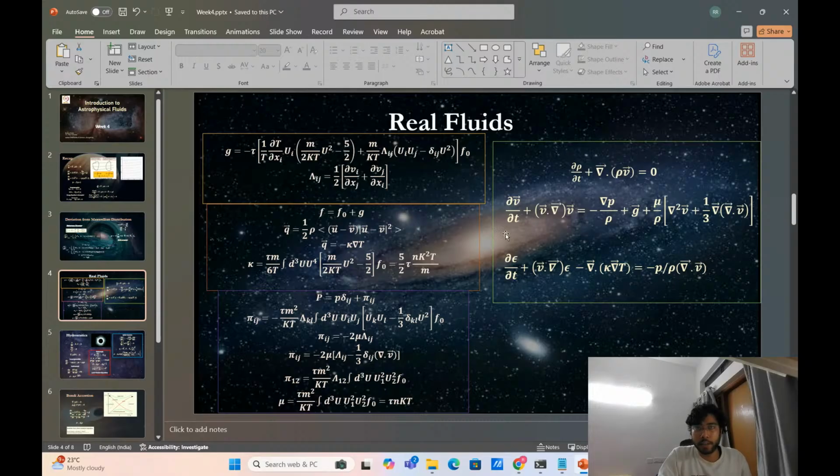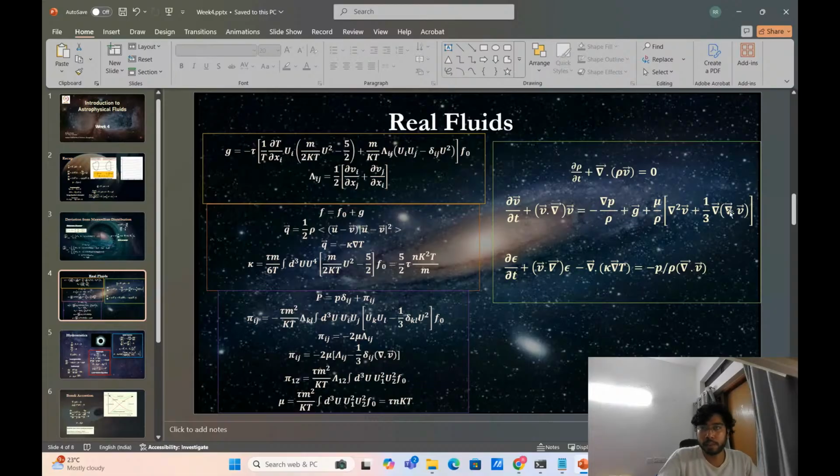So these are the final equations that we have. If you have to remember something from this course, I would say this is the most important set of equations that you have to remember. The first equation is the continuity equation, the second equation is the momentum conservation equation, also generally known as the Navier-Stokes equation, and this mu is known as the viscosity.